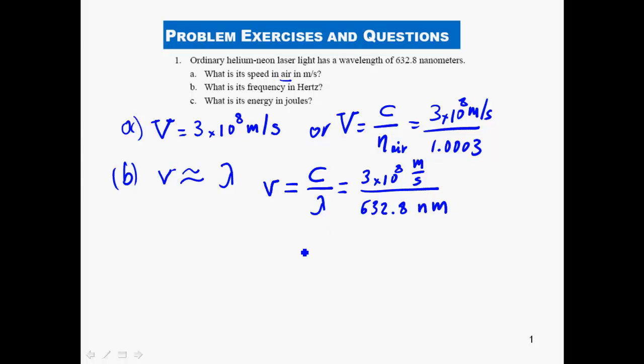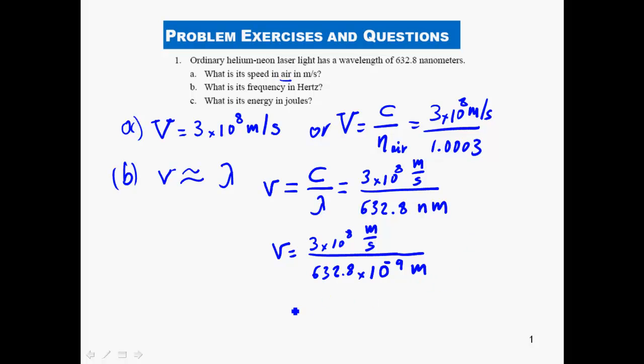And then nu is equal to 3 times 10 to the 8th meters per second over 632.8 times, nano is 10 to the negative 9 meters.